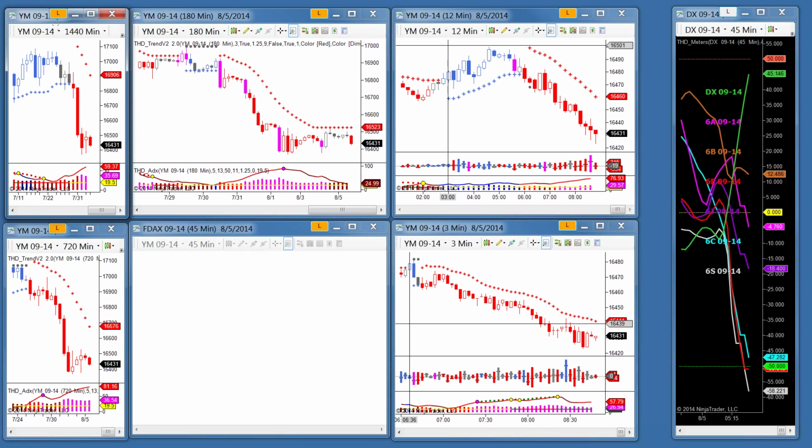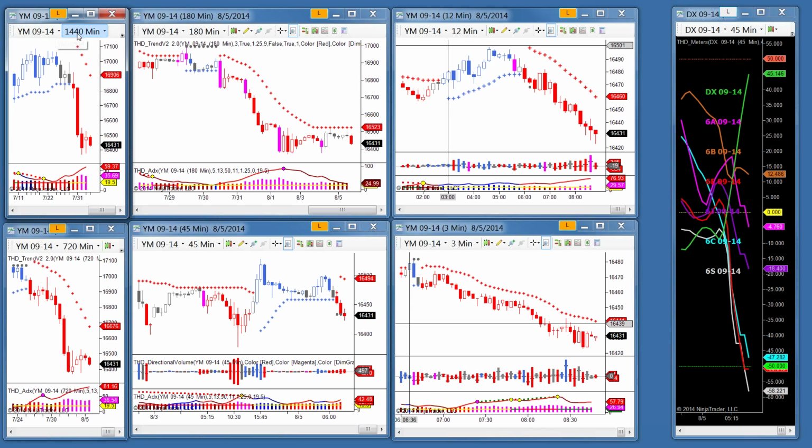Now, market is moving down on the 1440. Market is moving down on the 720. The ADX is at 81. That's oversold. Just in case you didn't know, that is oversold. Now, we have bounced down from the 180. There's no potential here from magenta peaks.